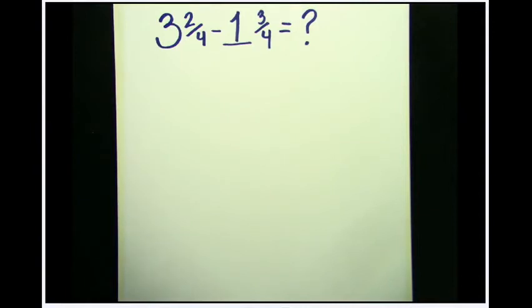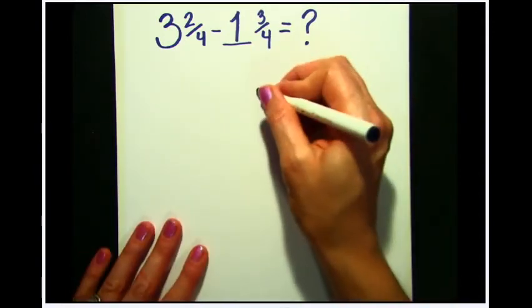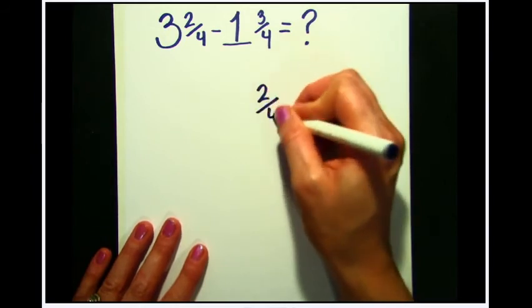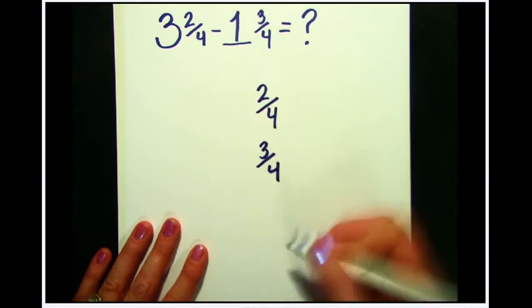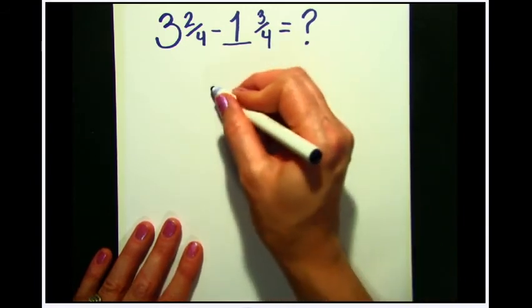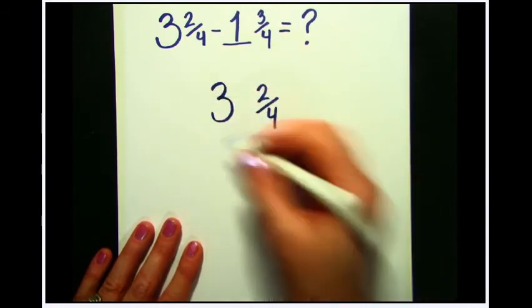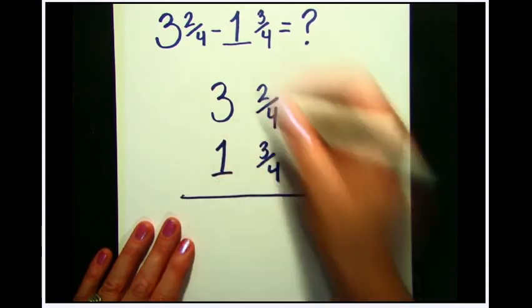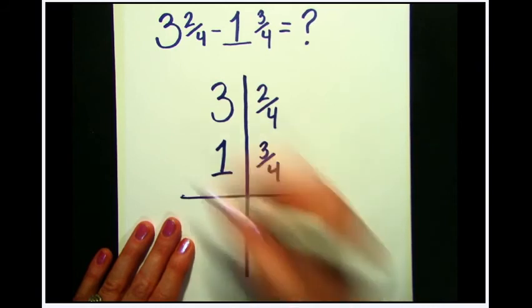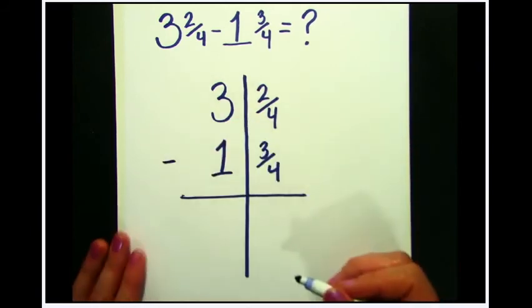So now I'm going to solve this using the standard algorithm again. So we'll line up 2 fourths and 3/4. And then I will line up my whole numbers, 3 and 1. I need to subtract.